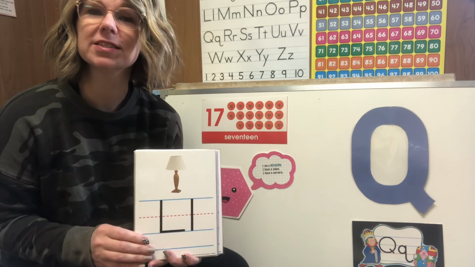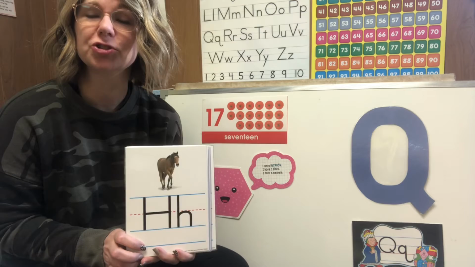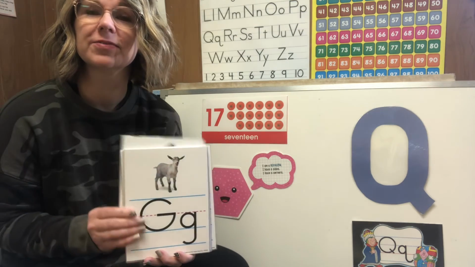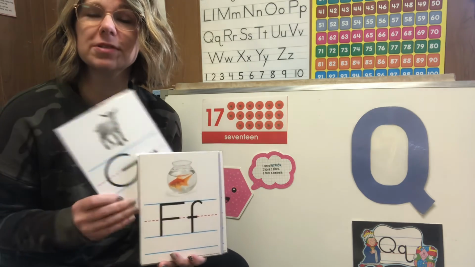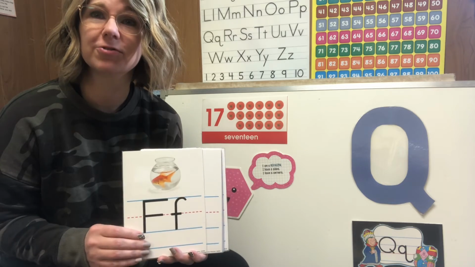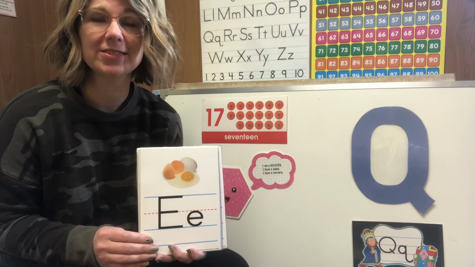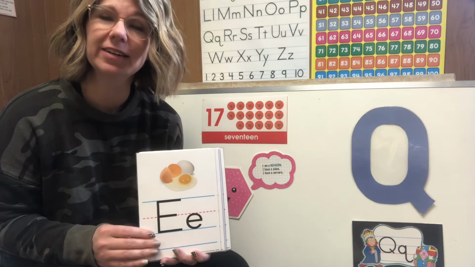L. L says la for light. H. H says ha for horse. G. G says ga for goat. F. F says fa for fish. E. Two sounds again. E says eh for egg, or E for eagle.